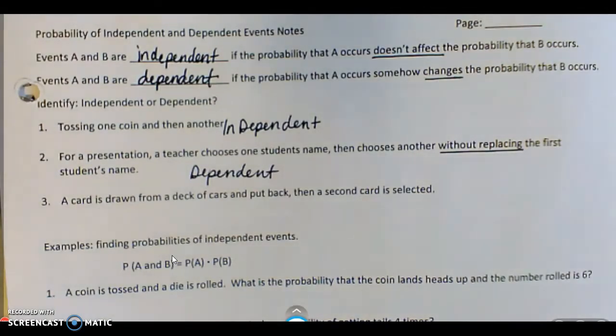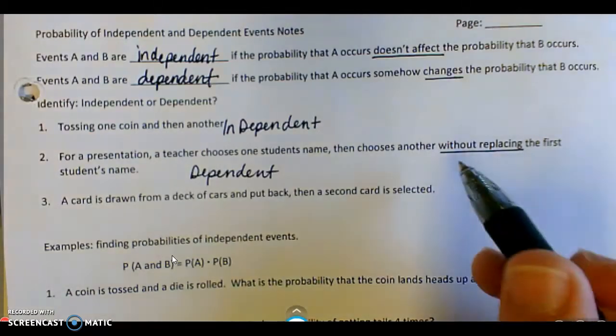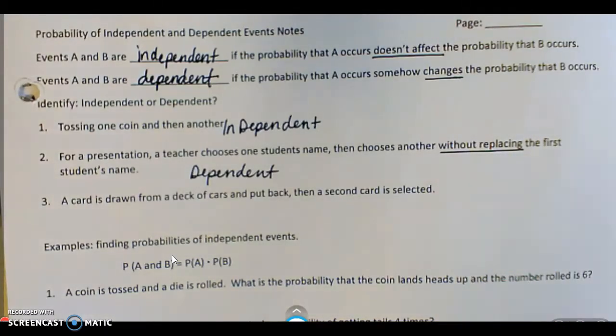But if I take that person and set them to the side because I've already chosen them, now there's only 24 to choose from when I choose a second person. So the probability of choosing a second person is only 1 out of 24. And so the numbers change. When it says without replacing, that means you're not putting it back in, so the probabilities will change.